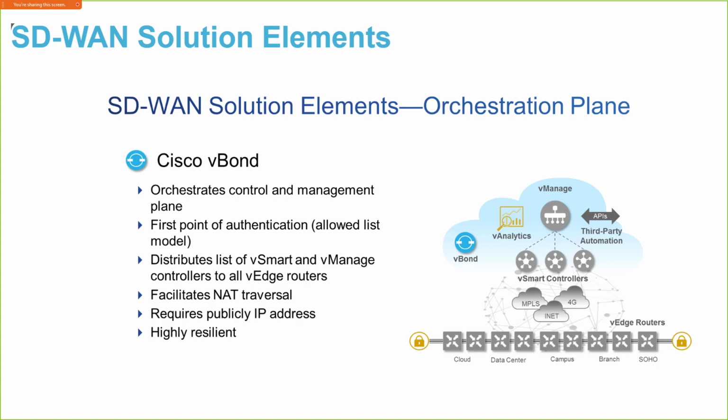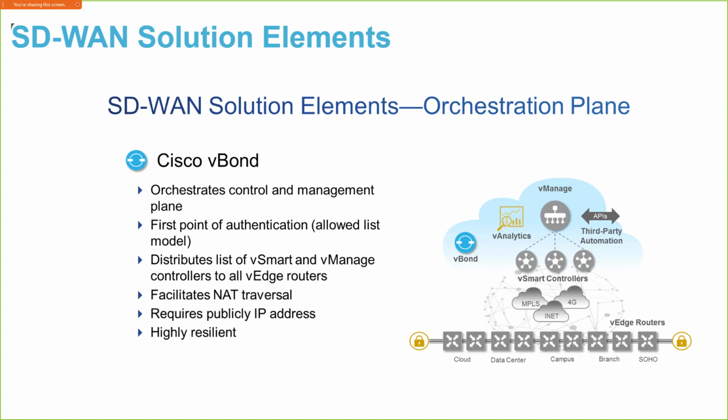So what is vBond, right? vBond is the orchestrator of the system. Its job is to orchestrate connectivity between all of the other components in the system itself. In other words, it's going to tell vEdges where and how to connect to vManage and the vSmart controllers.